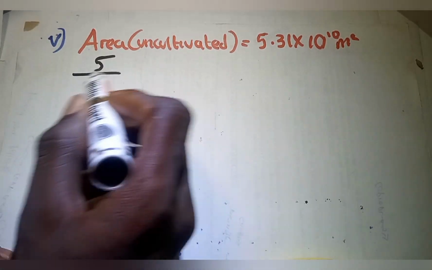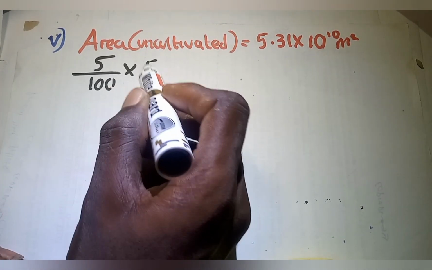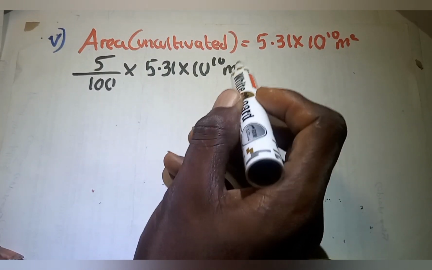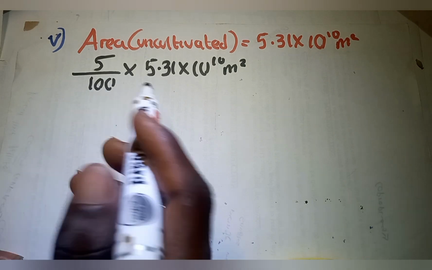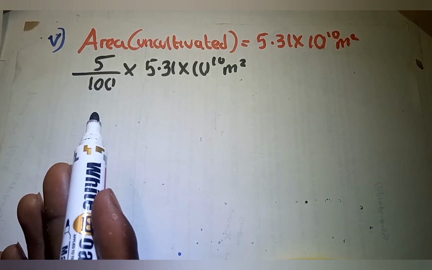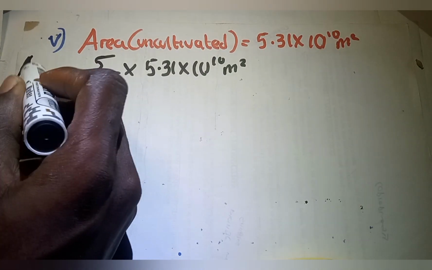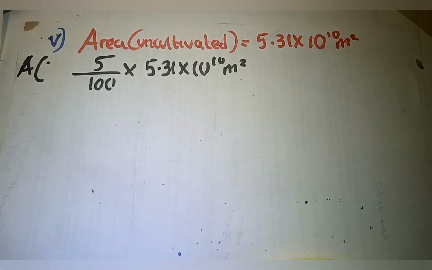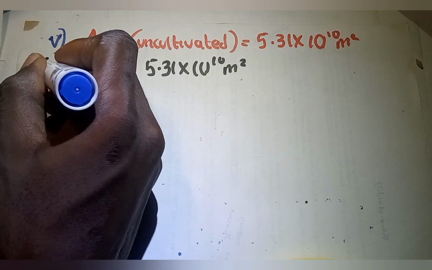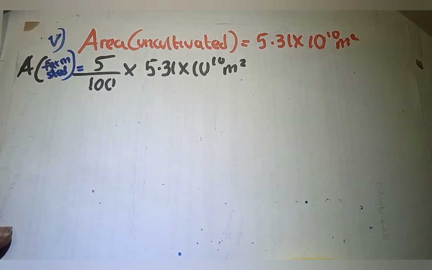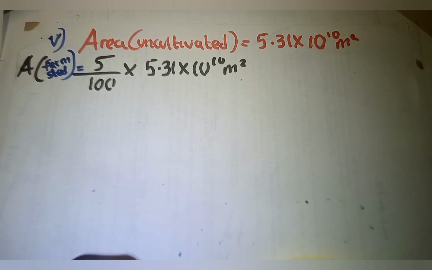So 5 over 100 multiplied by 5.31 times 10 raised to the power of 10. What I want to calculate now is the area that is used to construct a farmstead. So, area for farmstead. That's what I want to calculate now, the area that the farmer used to construct the farmstead.